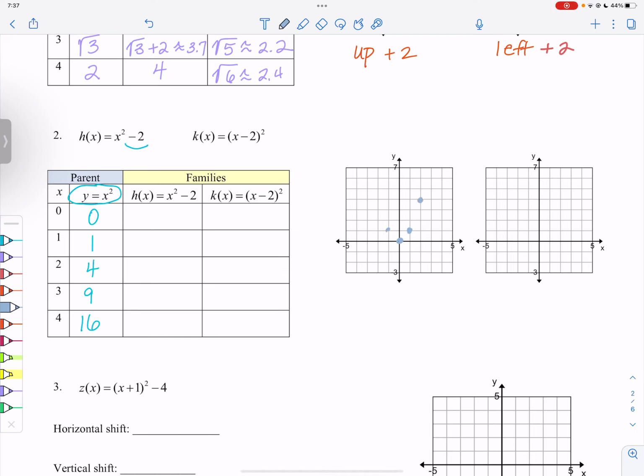And those will be the same over here. Okay, and now I'll just copy that so that we have the shift.